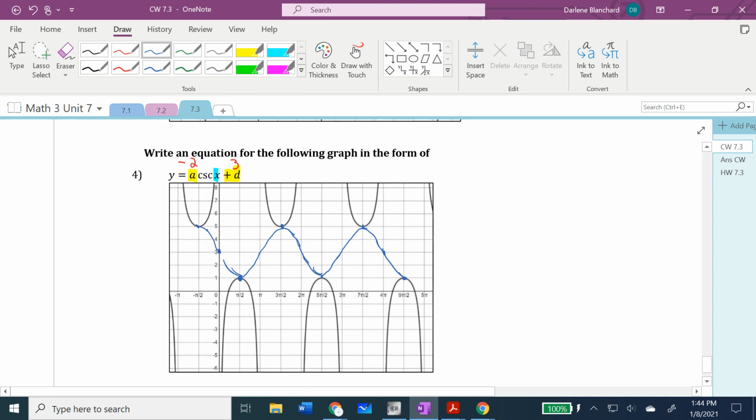If you can draw a sine graph in there, you can see that it has a midline at 3, so up 3, and an amplitude of 2, but upside down. And you can see it's upside down because if you start at x equals 0, sine normally begins on the up, not on the down.